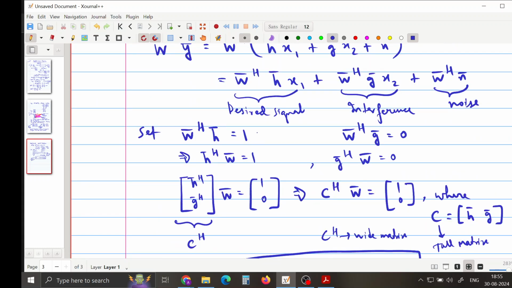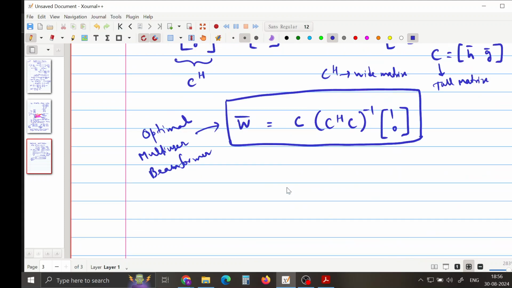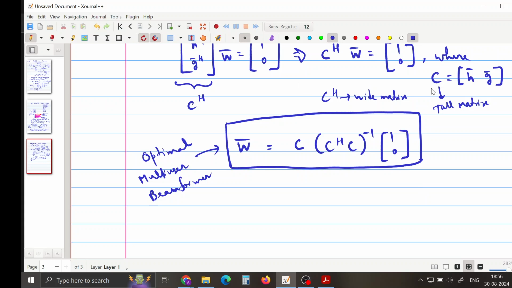This was my desired signal gain, which was set to 1, and this was my interferer gain, which we wanted to suppress, and hence we set to 0. That's the job of the beamformer, and ultimately we arrived at this form, which is our optimal beamformer.